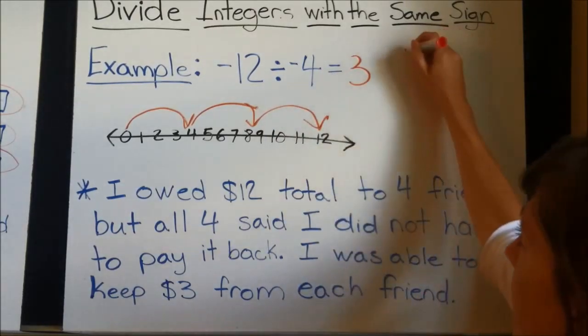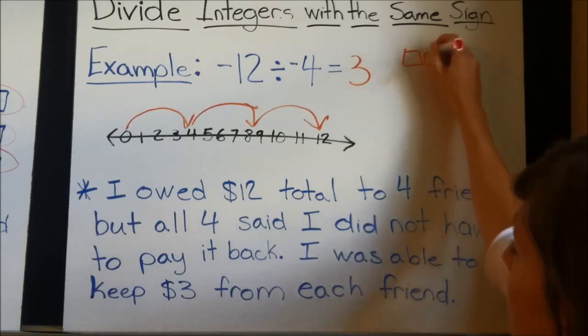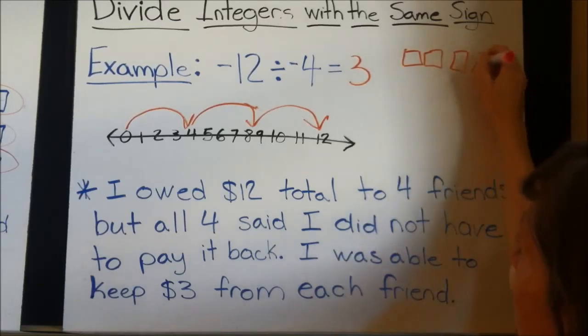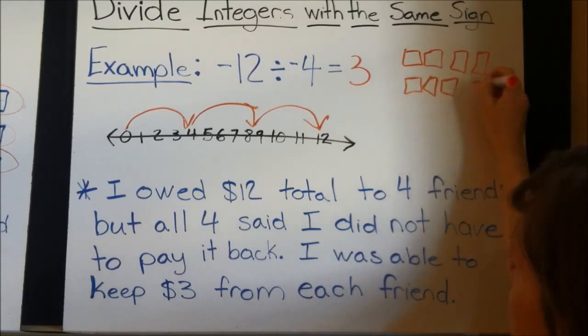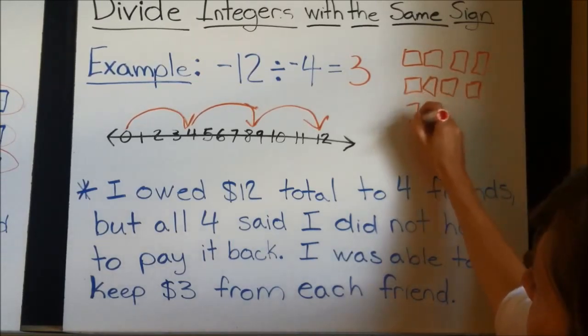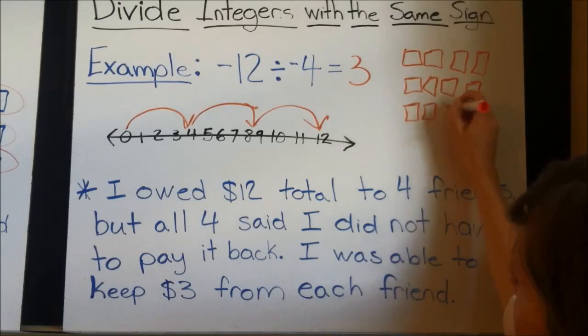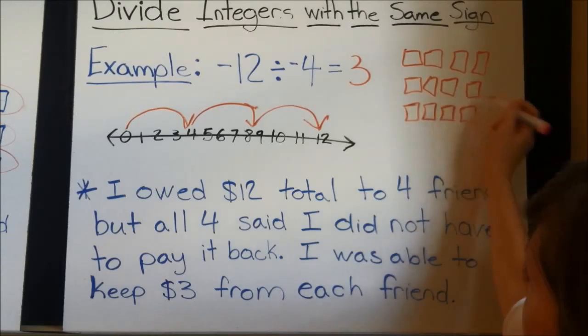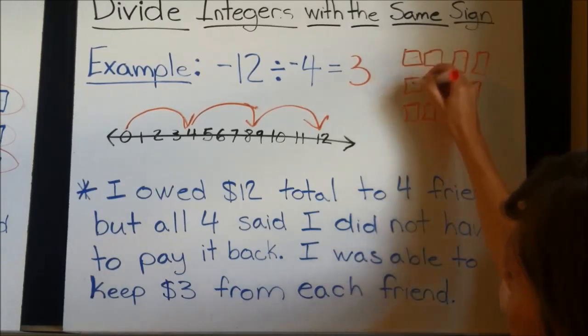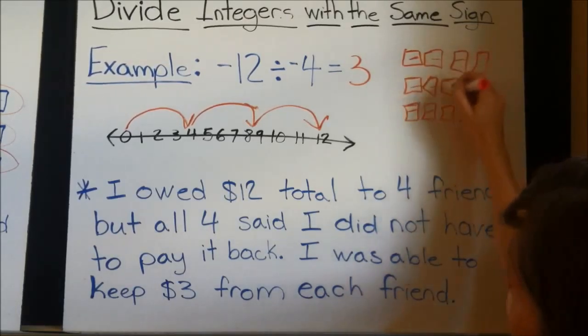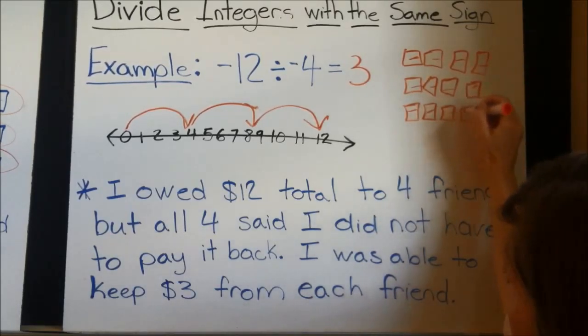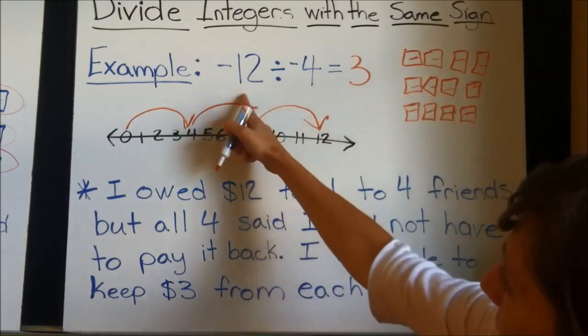I also could have looked at it this way. I have 4, 8, 12 integer chips. Say that they are negative, because we have the negative 12.